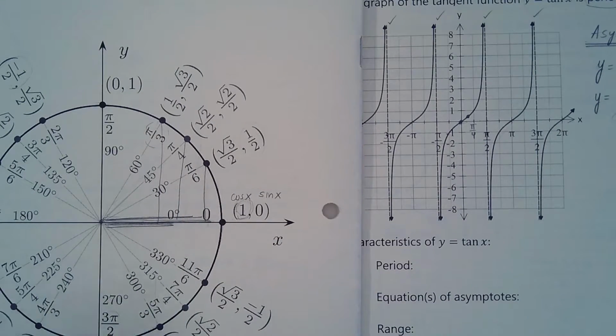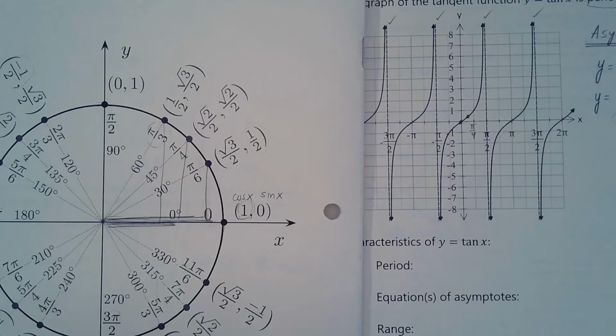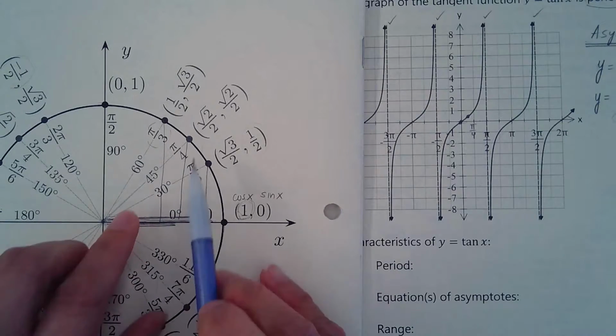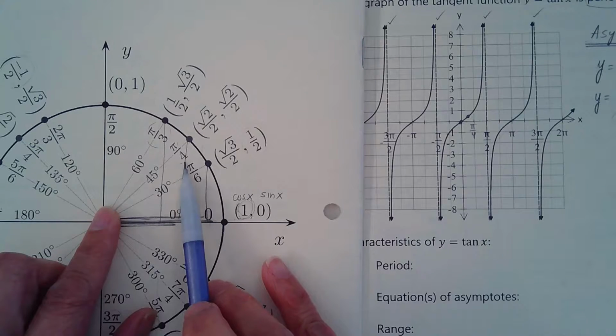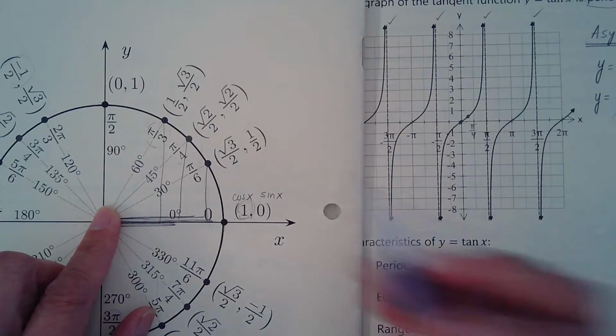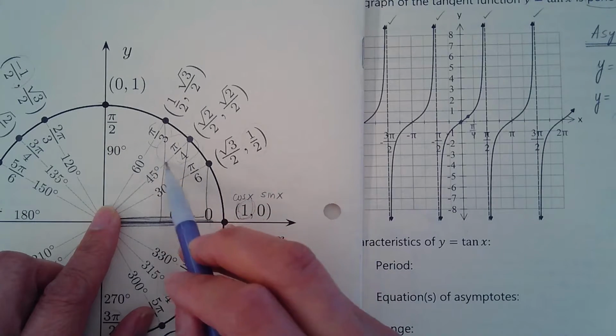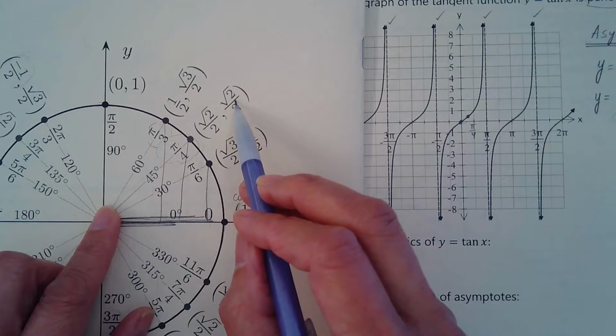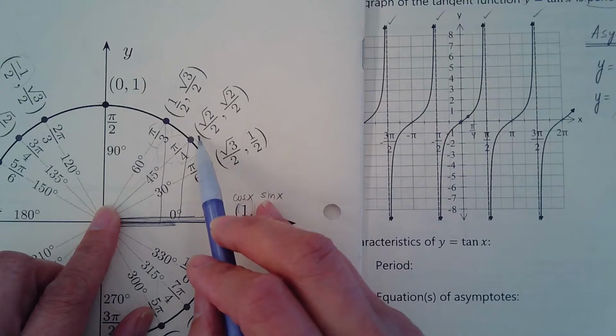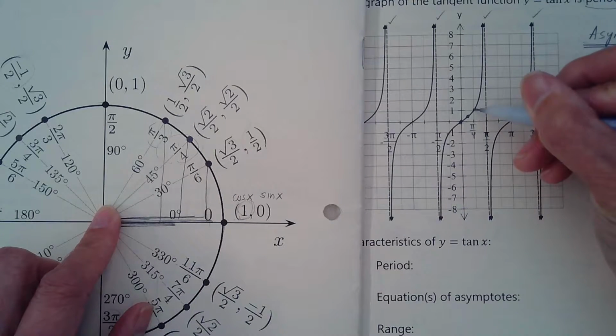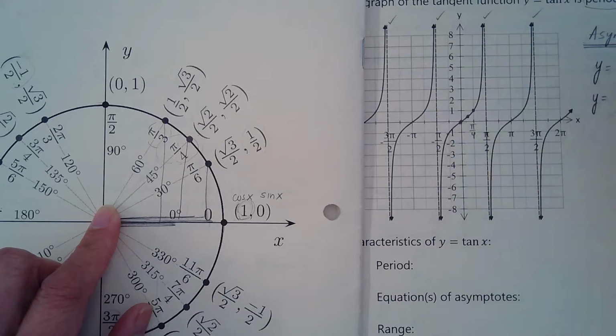Now, what about the pi over 4? If theta is pi by 4, what's the tan of theta? It's 1. At pi over 4, the tan is sine of x divided by cos of x, which equals 1. Okay.